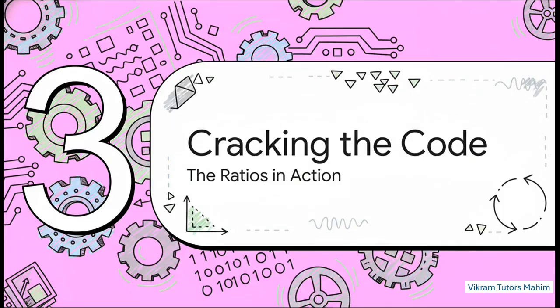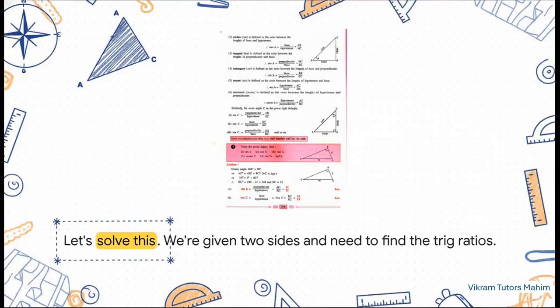Okay, theory is great and all, but seeing the code in action, that's where the real fun starts. Let's take an actual problem right from our source material and use what we just learned to solve it step by step. All right, here's our challenge. We've got a right-angled triangle. We're told the hypotenuse is 13 units long, and one of the other sides is 5 units. Our mission, should we choose to accept it, is to find the values of sine, cosine, and tangent for the different angles.